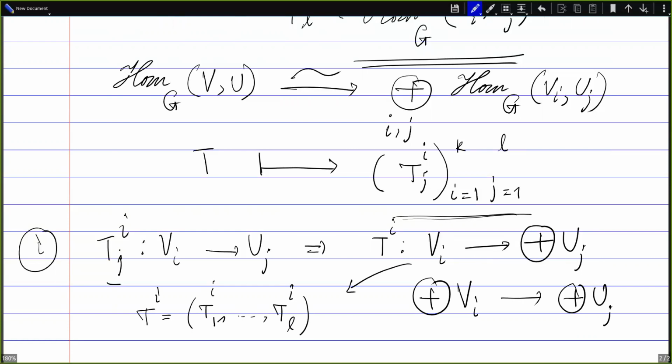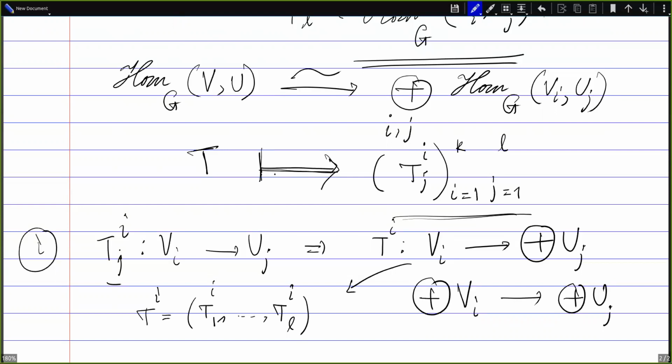Since I have maps to each component, I can make a map from Vi to their sum, and thus we have a map for each i. Then again we use the universal property. So this is a linear map from here to here.